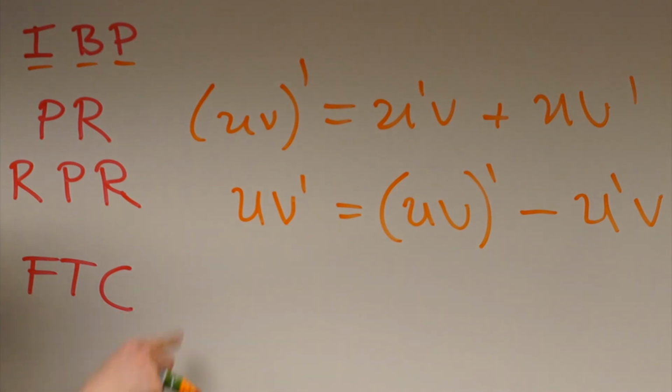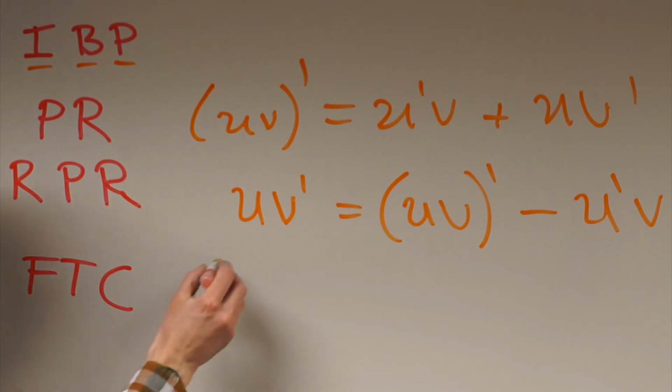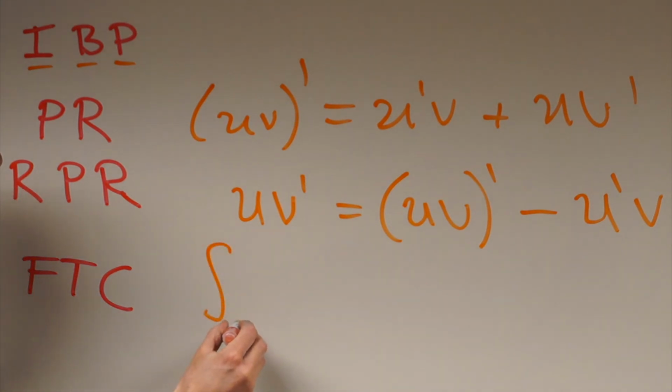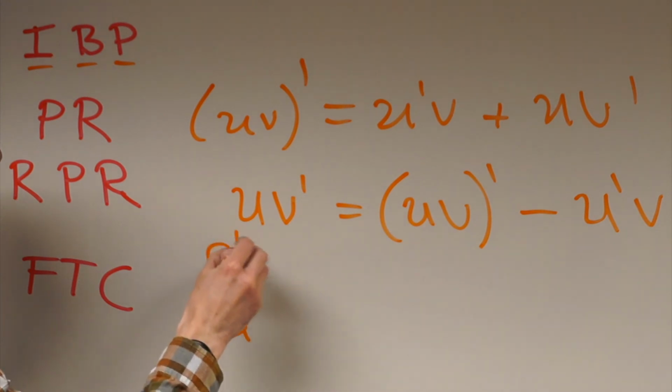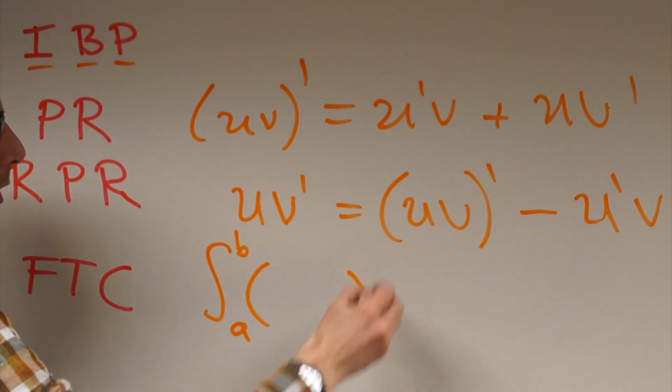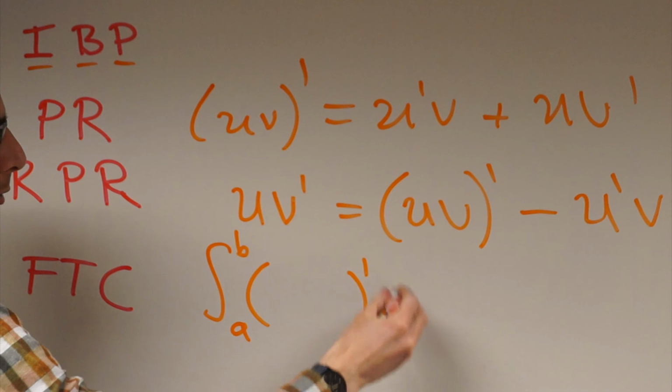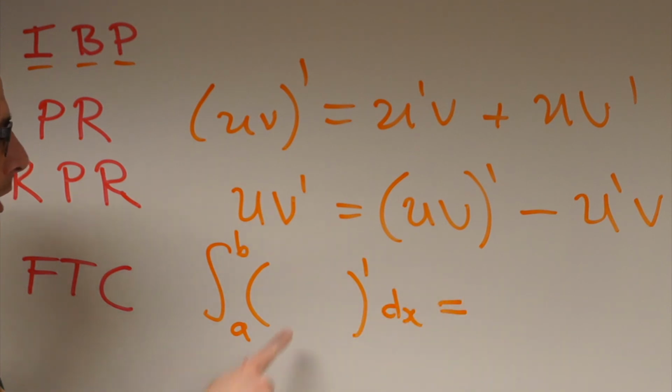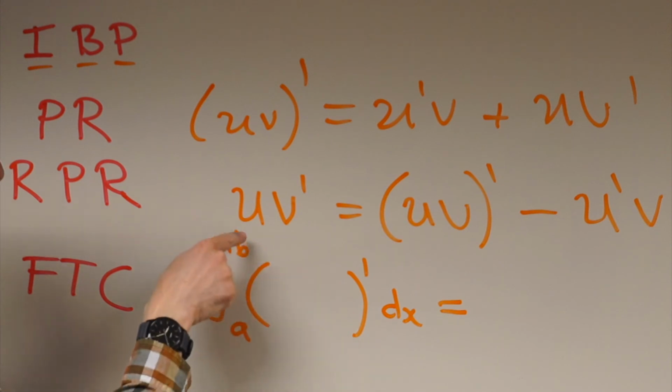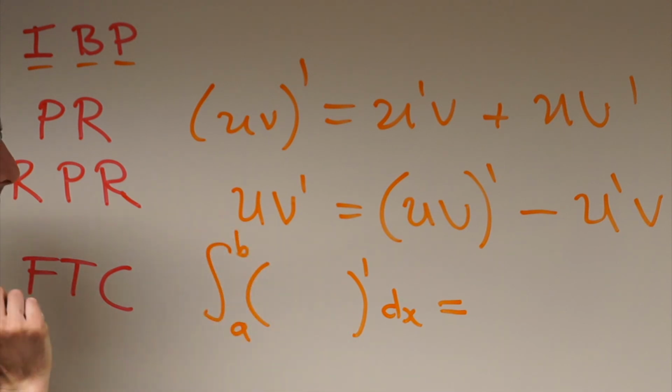And finally, the other thing that you need to know before using integration by parts is the fundamental theorem of calculus. And I'll write it down in a kind of funny form. If you go from a to b, and you're dealing with the derivative of some stuff, then the result is this stuff evaluated at b minus the stuff evaluated at a.